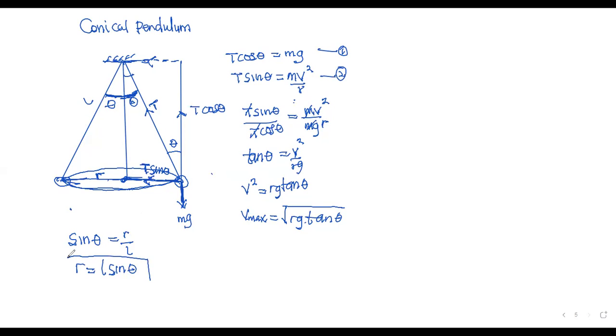This is also another powerful equation you must understand under conical pendulum. Sometimes you'll be given the length of the string, but you need the radius to calculate the velocity in this equation. And you need to pick the inspiration from this sub-equation.